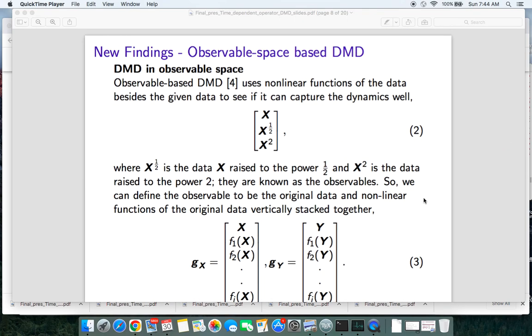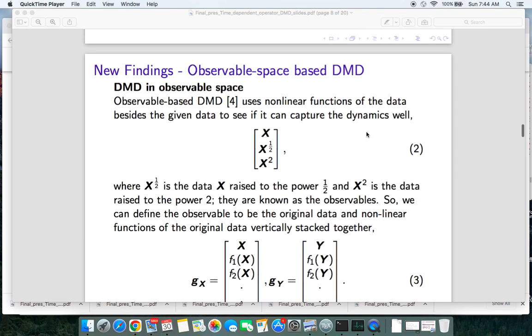Now I will go over the observable space-based DMD. Observable space-based DMD uses nonlinear functions of the data besides the given data to see if it can capture the dynamics well. For example, we can consider a data set, actually an extended data set, where we have the original data, x, and then we have x to the 1/2 as well as x to the 2.